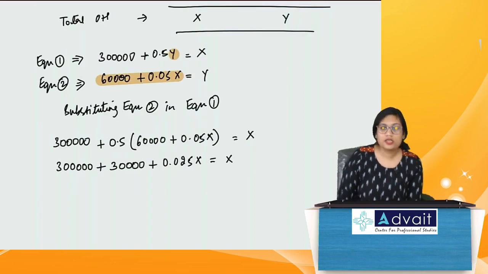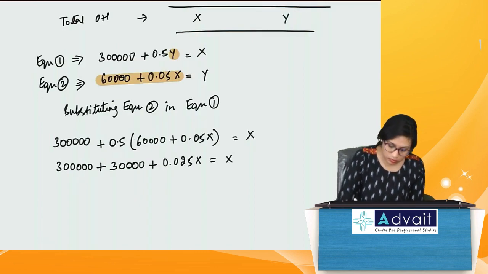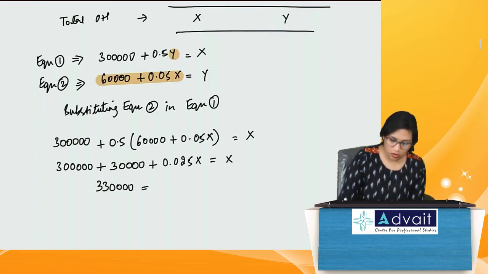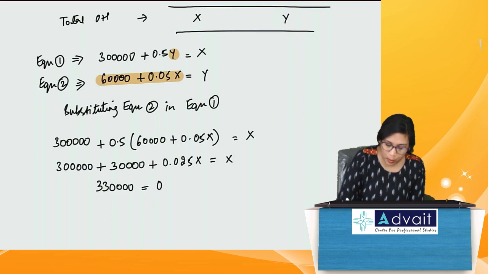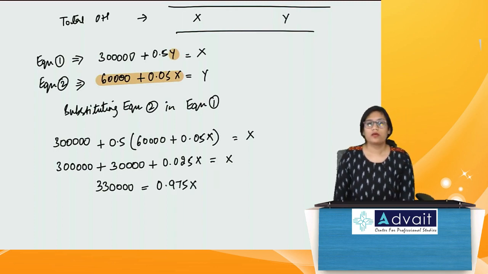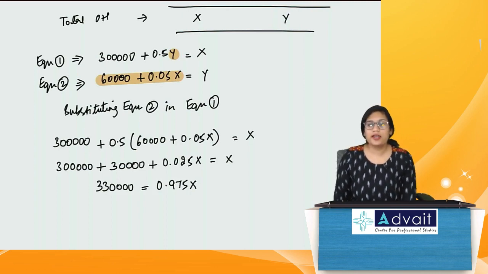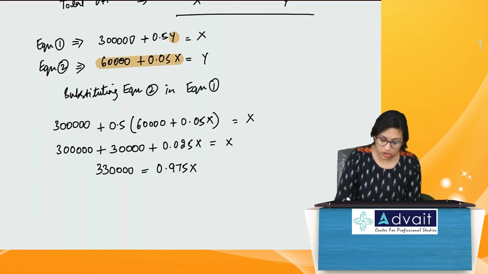So let's solve for x now. So this is 3,30,000. On the other side, when you take this to the other side, you get 0.975x.